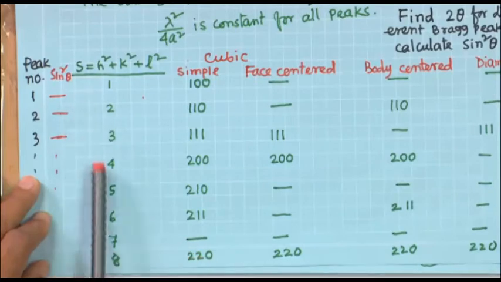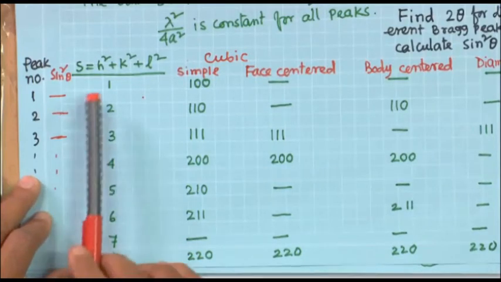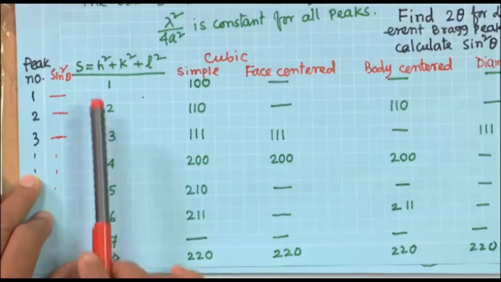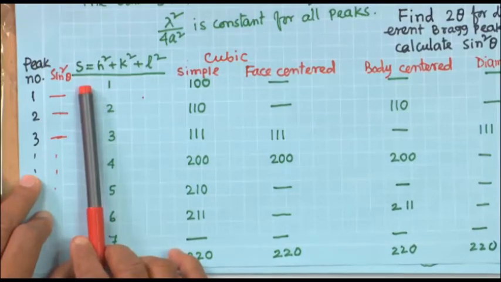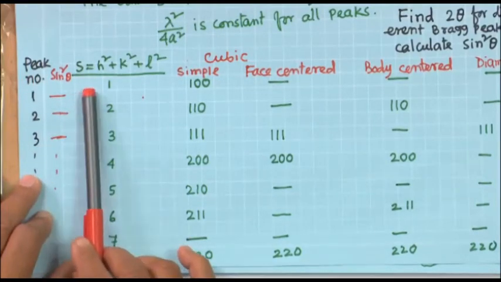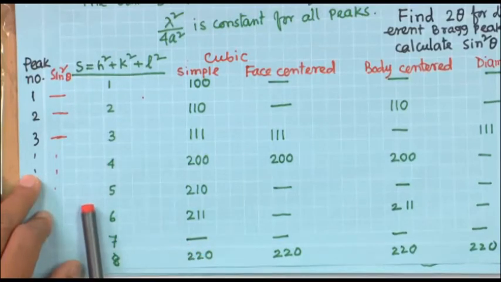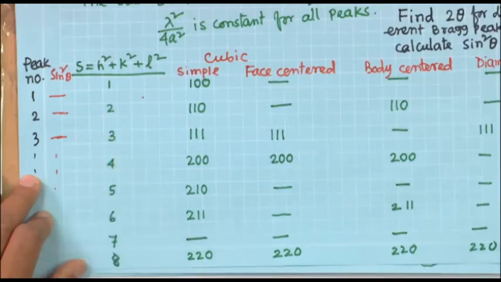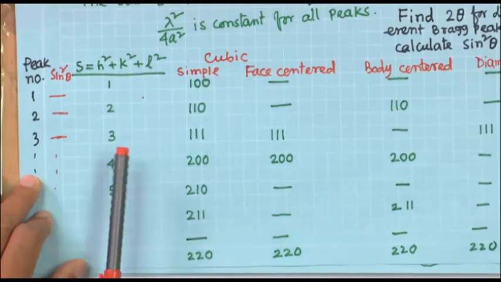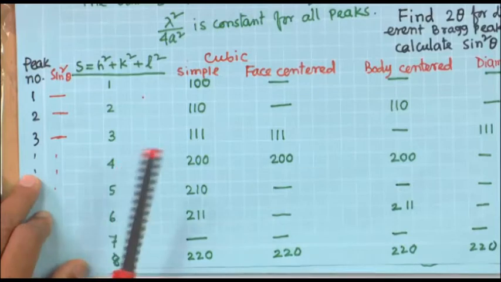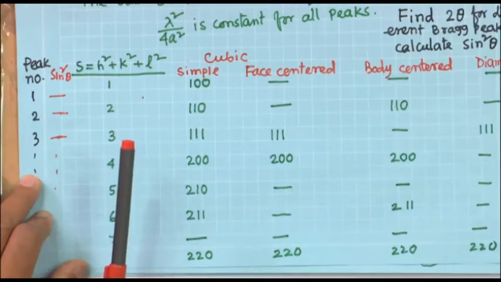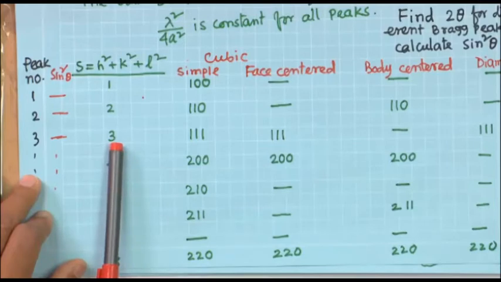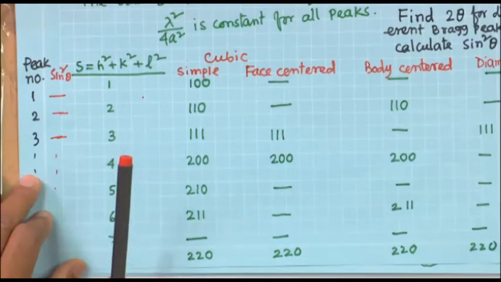You will get a value that remains the same for all peaks. From that value one can find out the lattice parameter a, in the case of simple cubic.